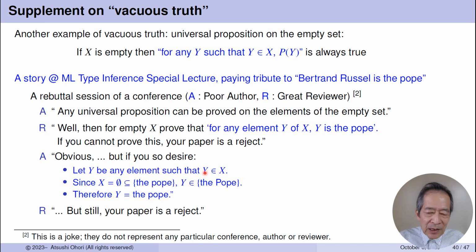Then since Y is in X and X is a subset of this set, therefore Y is in this set. However, this is the singleton set, so Y is an element of this singleton set means Y is the Pope. The author gave this proof, and the reviewer, after some silence, said, but still your paper is a reject.